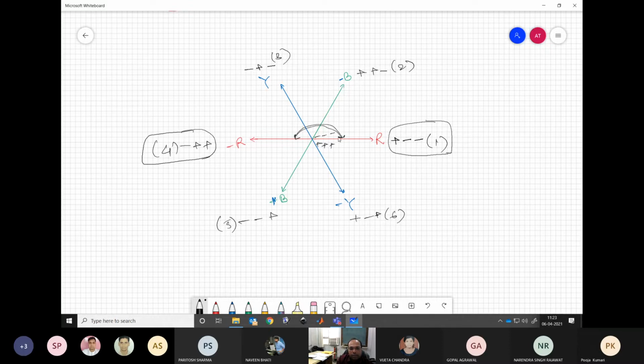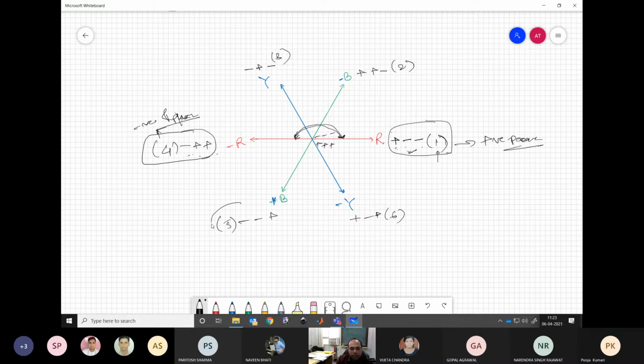Is that correct? Yes, sir. Obviously, because plus minus minus, vector state 1, corresponds to the positive peak of R phase, and the state minus plus plus is exactly opposite. Every phase is just inverted. From plus minus minus, it has become minus plus plus, which means we are going 180 degrees away from whatever we were applying. So this corresponds to the negative R peak.